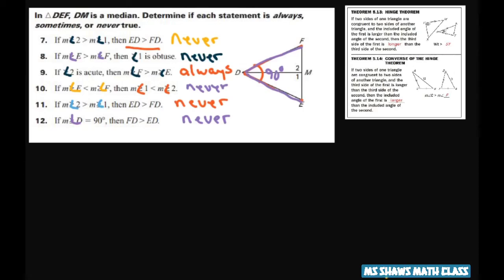Basically, it can't be greater. If this is 90, then this is 45 and this is 45. These have to be the same because these two sides are congruent and this is the midpoint. So these two would have to equal each other. It should be FD equals ED.